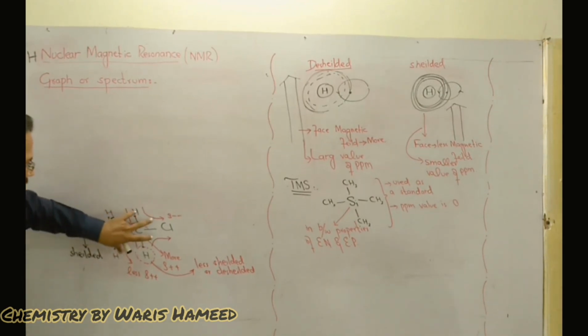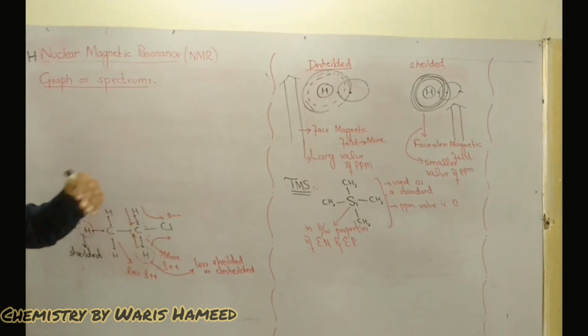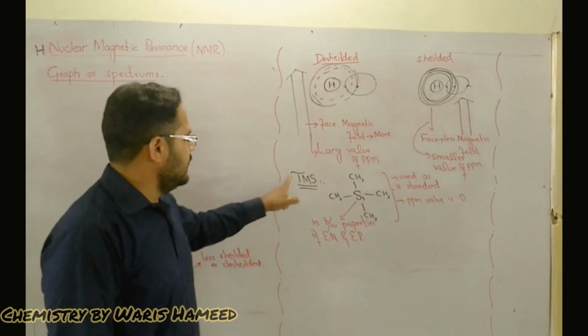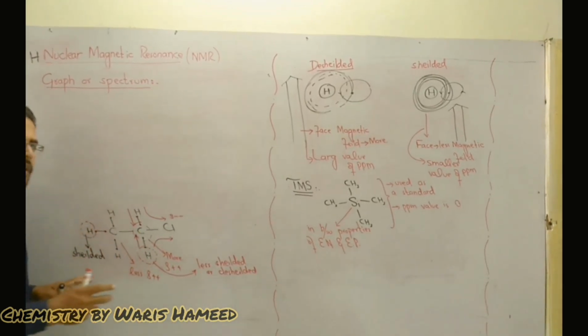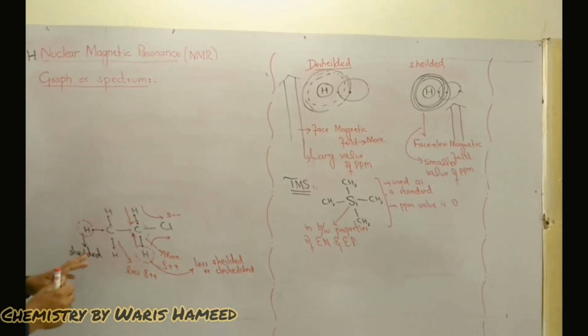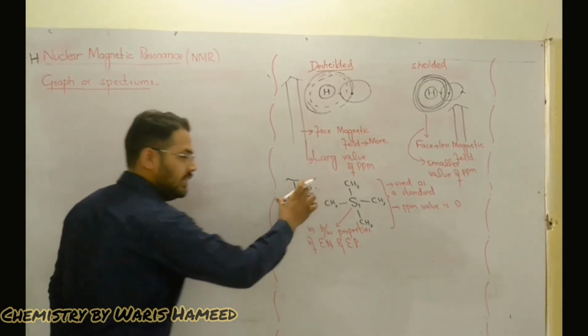If we place this organic molecule in a tube containing TMS and a solvent, then we will obtain 3 types of signals. The first signal will be at 0 of TMS.